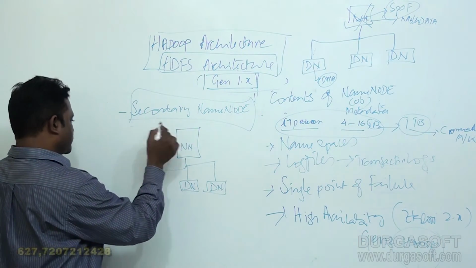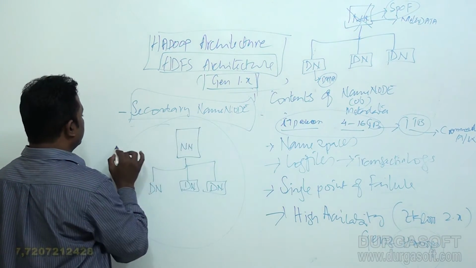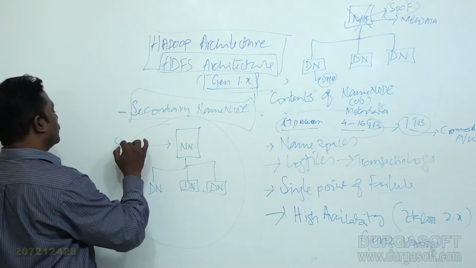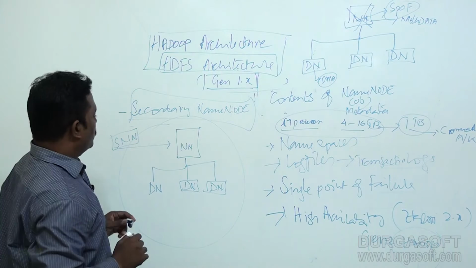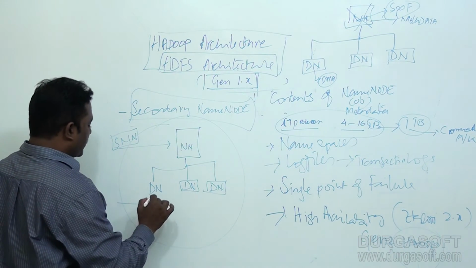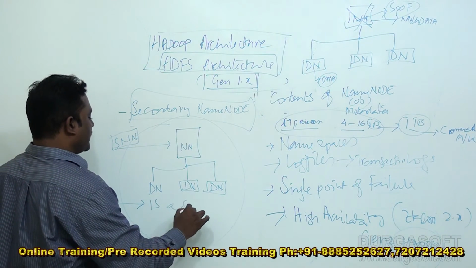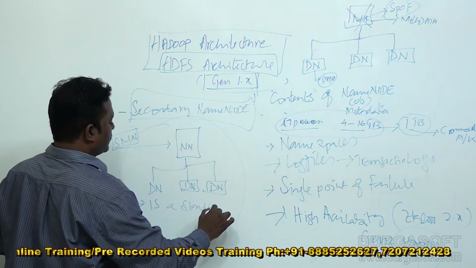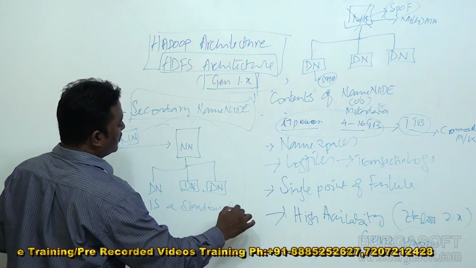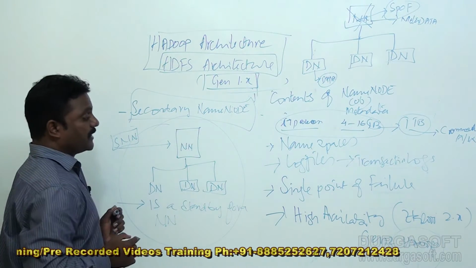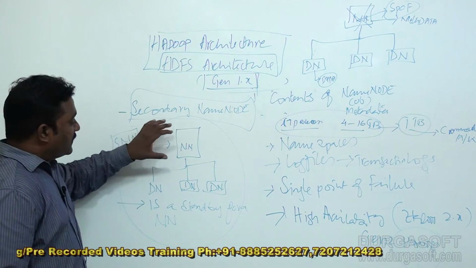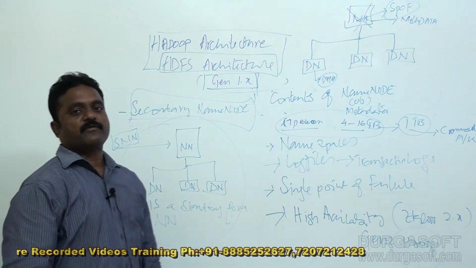Now this is my cluster. There is one more daemon that we are talking about, the secondary name node. The secondary name node is a standby for the name node, as we are saying that the name node is a single point of failure.